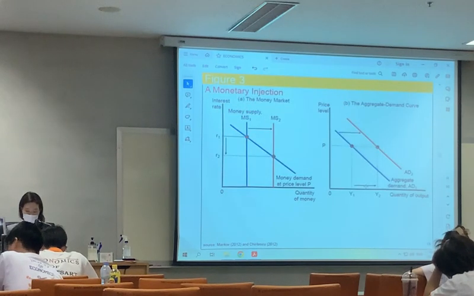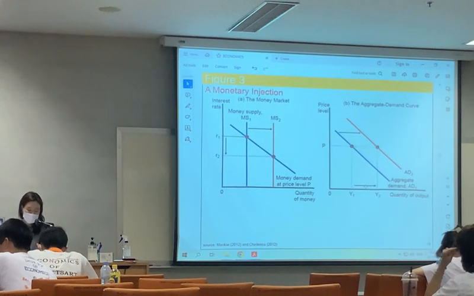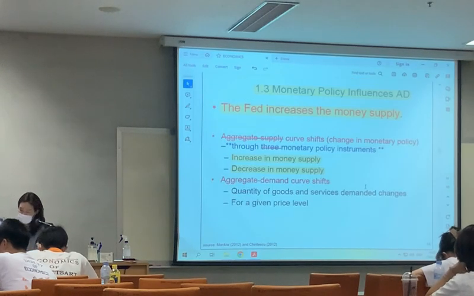From this graph, okay? I just wrote this graph again, but you can use this graph and add more explanations.